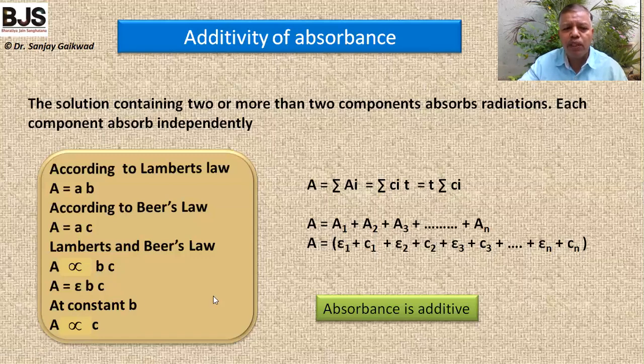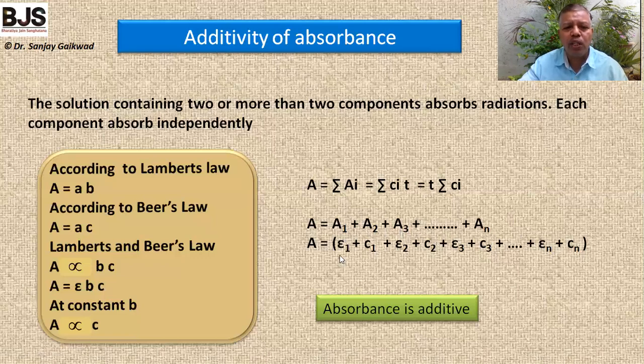Now this absorbance is an additive property, because whatever colored pigments are present in the solution, each and every colored pigment absorbs this radiation. Therefore the total absorbance is the absorbance by the first component plus the absorbance by the second component plus the third, and so on, that is A = A1 + A2 + A3 + ... + An.